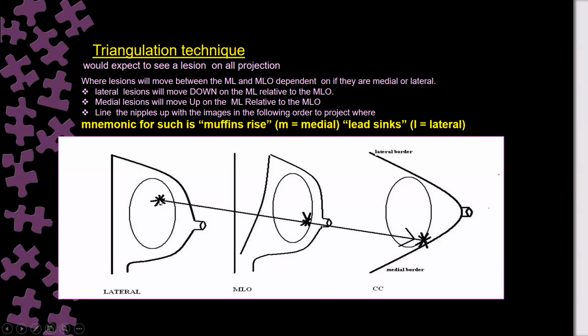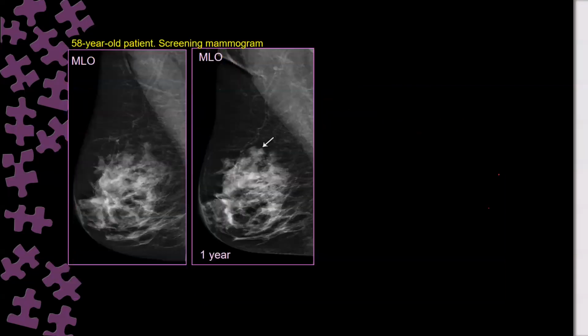Draw a line from the lesion on the lateral to the MLO and complete the path. You'll find the lesion on the CC view with the same criteria as we described. The lateral will sink or go down. The medial will go up. Okay, this is the muffins.